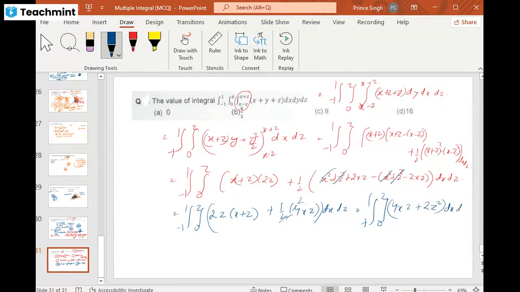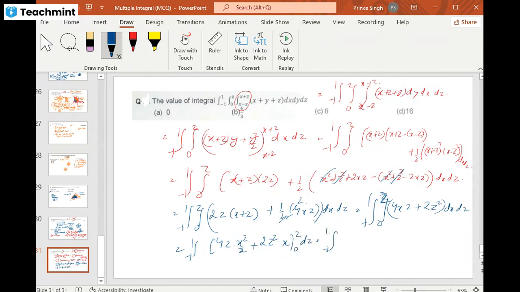Because now the next limit is a function of z, this limit is of variable x. So when we integrate with respect to x, 4z is constant, the integral of x is x square by 2, and 2z square is constant, its integral is x, with the limit 0 to z, dz.